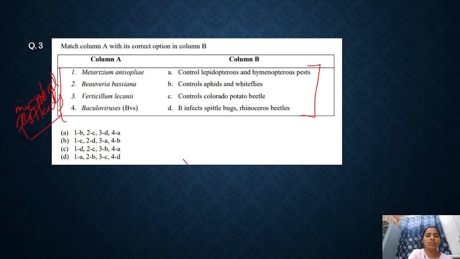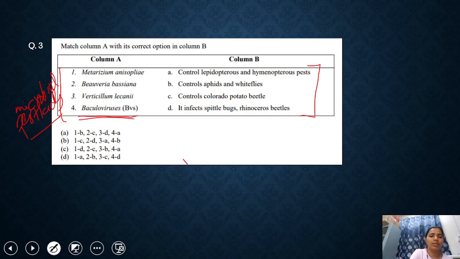From these four, this one is very common that we use: baculovirus. This is mainly used for, anyone want to answer this? This fourth one, baculovirus, is used for the control of what? Okay, aphids.